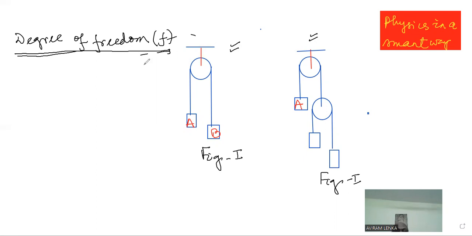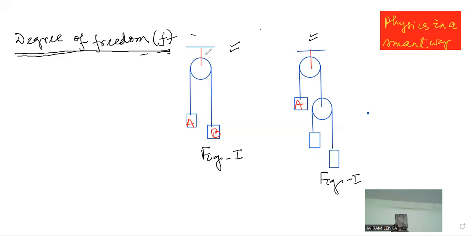There, degree of freedom means how many different independent types of motions you can think of, or can perceive. In case of figure 1, that is a pulley, there are two blocks. Of course, the diagram shows the blocks at rest, they need not be.